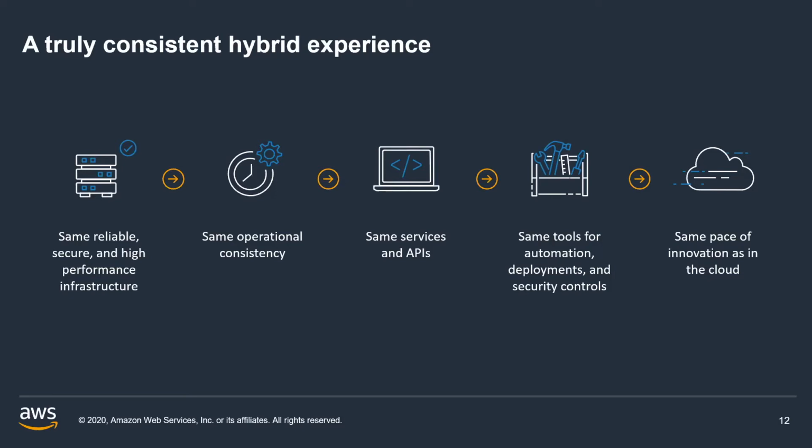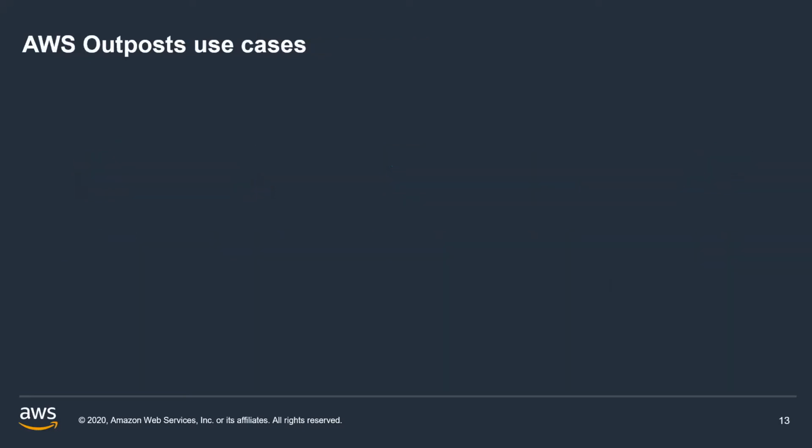So that same reliable, secure, high-performance infrastructure that provides the same operational consistency you see in AWS regions today has been incredibly important to customers. And keeping pace with that cloud-like innovation is a huge differentiator over existing infrastructure that customers use today.